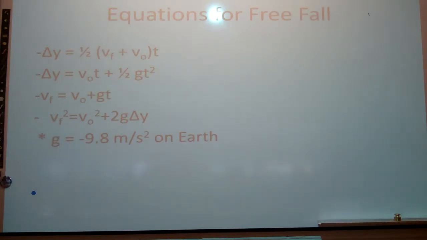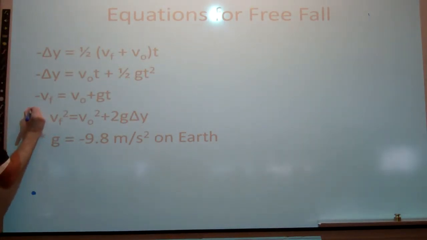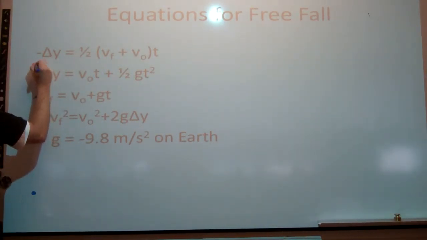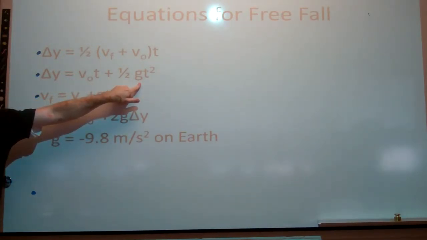Equations for free fall, these are the exact same equations as for acceleration, except, again, there's no negative signs here. Except we replace delta x with delta y since we're vertical now, instead of usually when we talk about just accelerated motion, it's going to be horizontal. And a has been replaced with g.